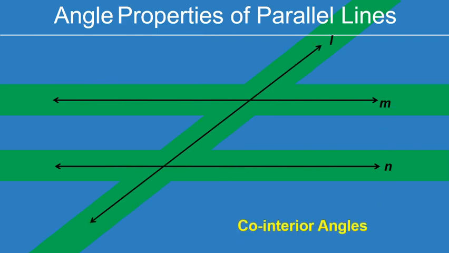Now the last angle property of parallel lines, that is co-interior angles. Again, interior is there. Co means two, so we are talking about the two interior angles.